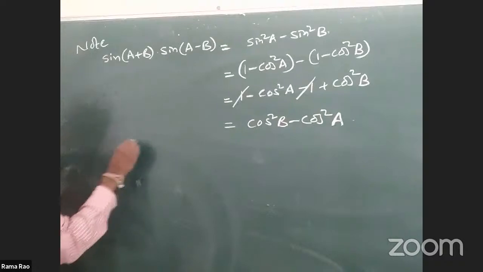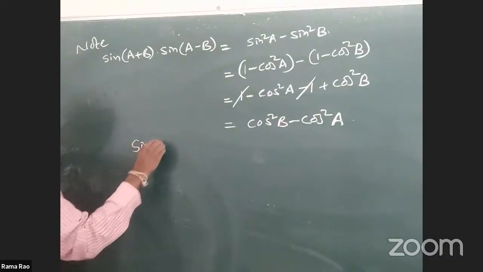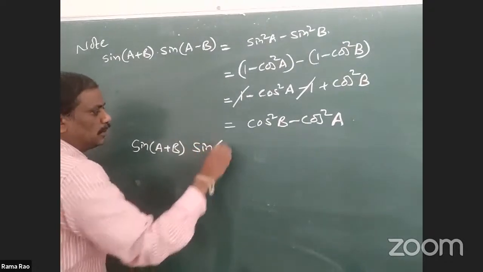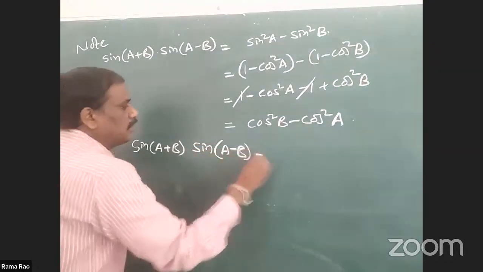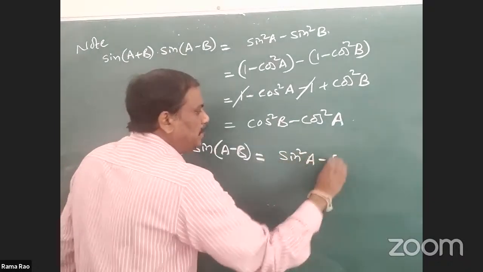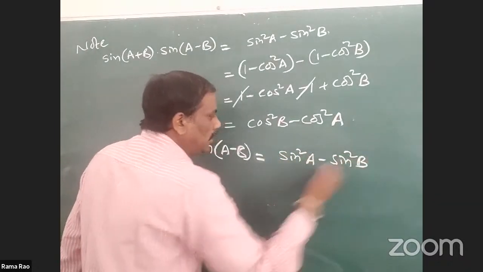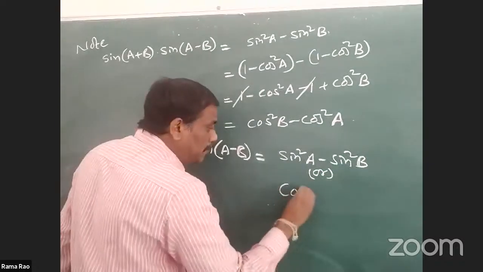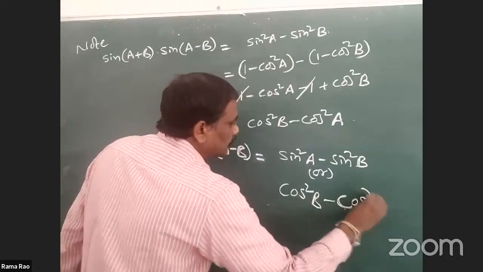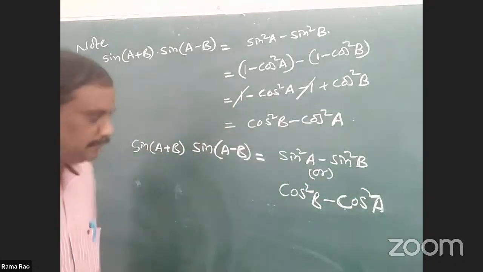Here, sin of a plus b into sin of a minus b has two formulas: one, sin square a minus sin square b, or cos square b minus cos square a. Am I clear? It is useful to our next problem.